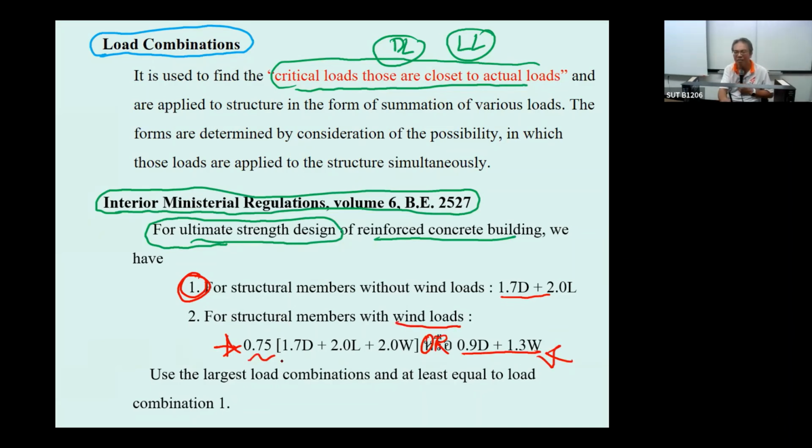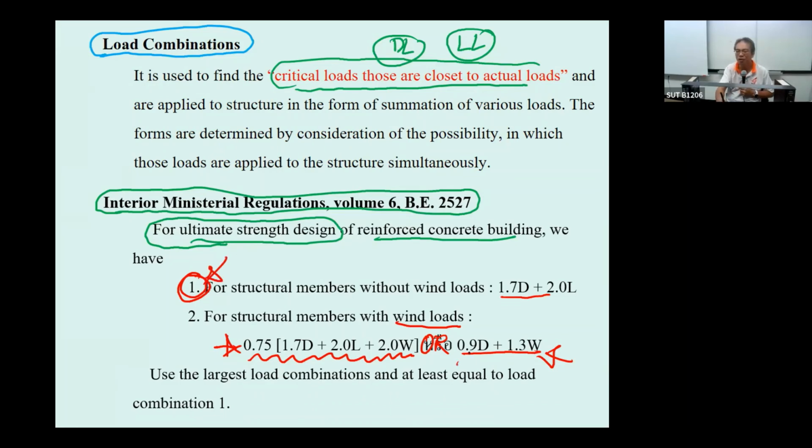If you analyze the structure based on this load combination and find that the moment and shear are still lower and do not cause your structure to fail, then the first design will govern.